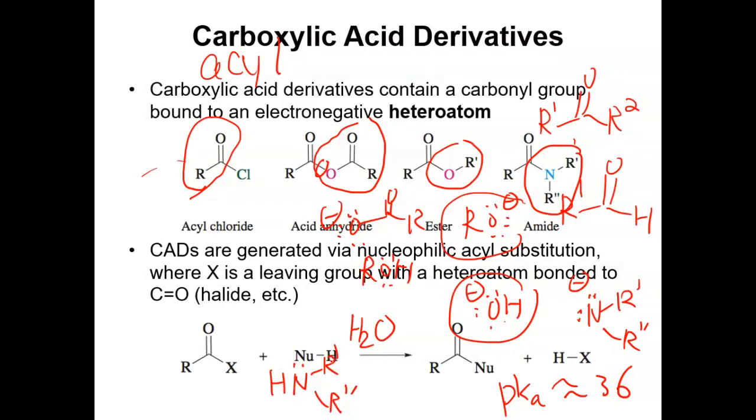Then this leaving group is actually not such a bad leaving group, because it's a conjugate acid. Let's say the pKa of this conjugate acid is around 10. Then it's not a terrible leaving group. It's a possible leaving group. So that's the overall look of the reaction.